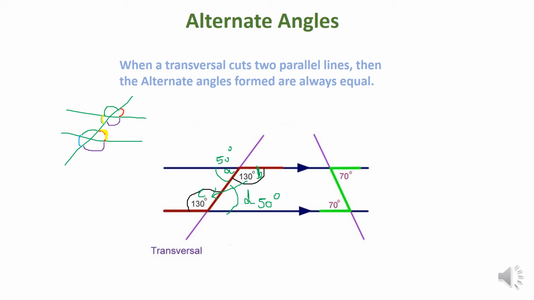This angle here and this angle here are alternate, so they too would also be equal. So we learn two things. Okay, when a transversal cuts a parallel line, corresponding angles are formed and alternate angles are formed. Let's go on to see what else are formed.